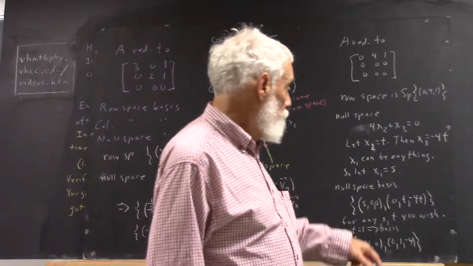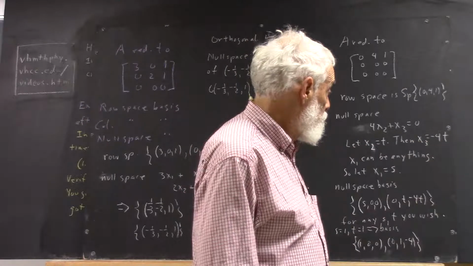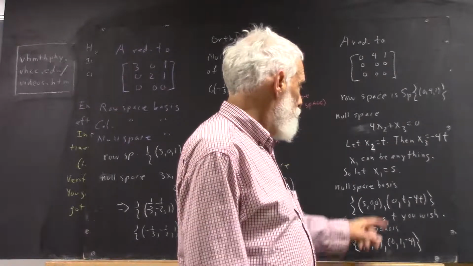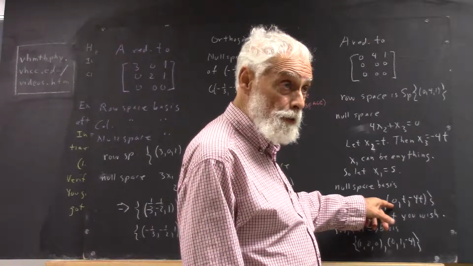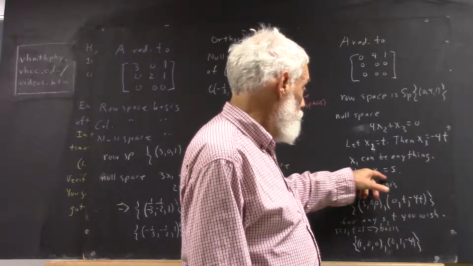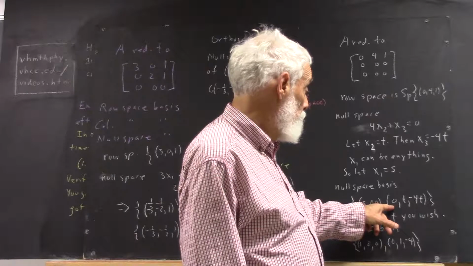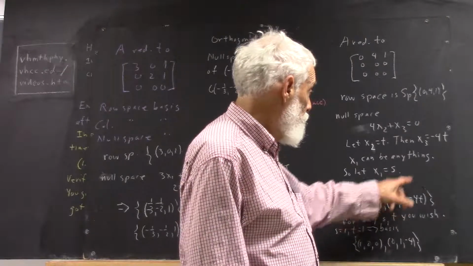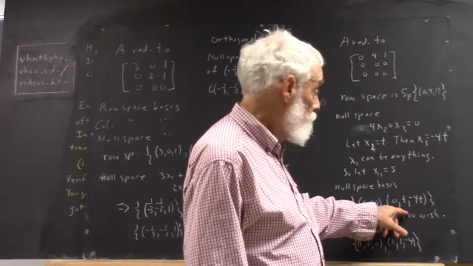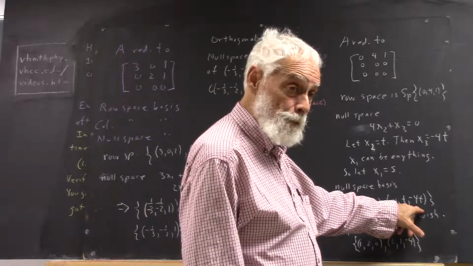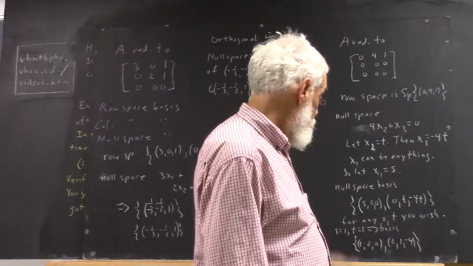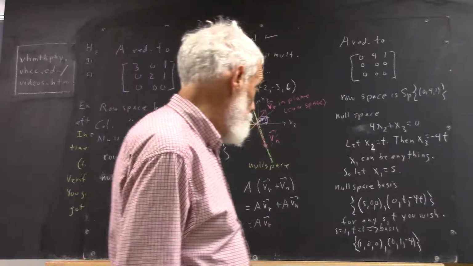And then you have the vector that you would get out of this, okay? Now, again, x1 can be anything, okay? But now that we've said that x1 is s, we could have put an s here, okay? But we don't have to. We can use just 0, and then t, that's our x2, and negative 4t, okay? So there's a basis for the null space.